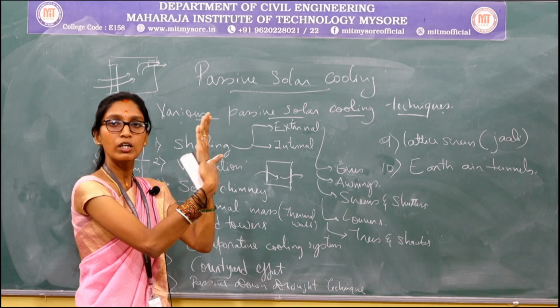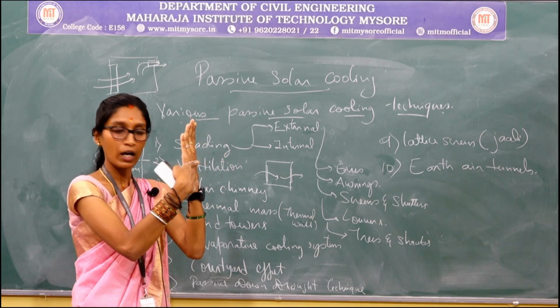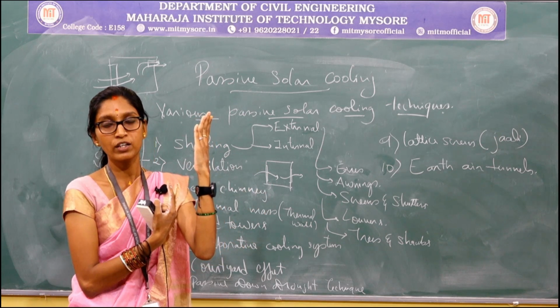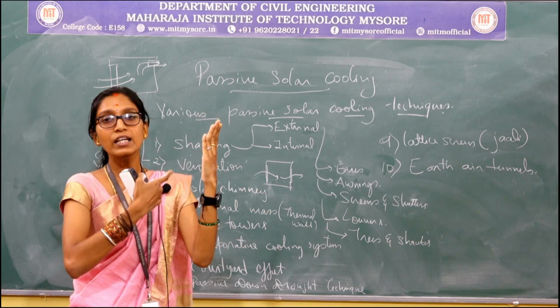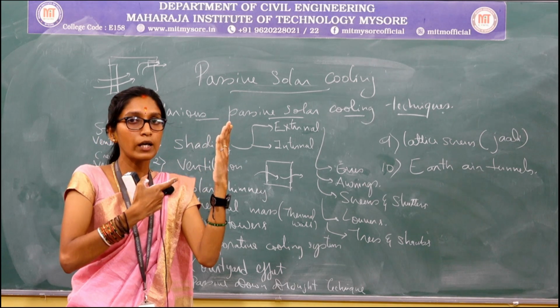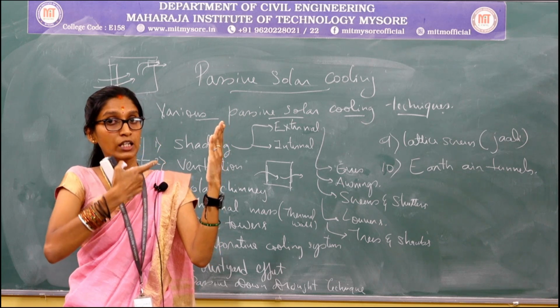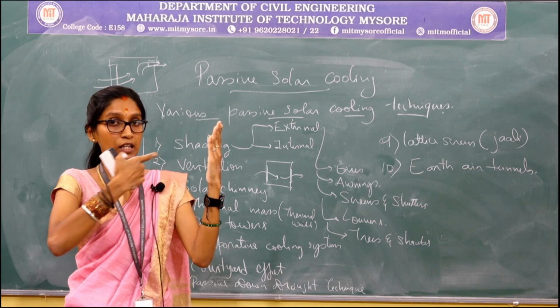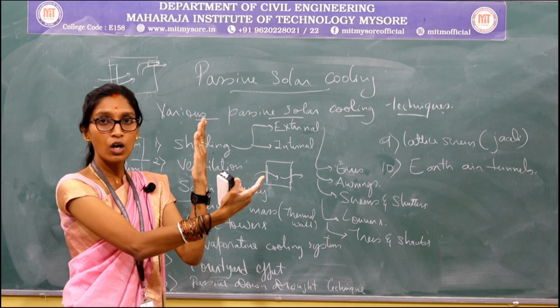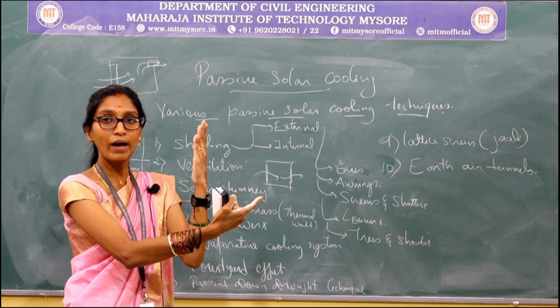So if a particular thermal wall has a greater radiation effect and a smaller conduction effect, obviously the interior is going to get heated up slowly. Okay, so by the time the heat reaches inside, the temperature outside would have gone down, and obviously what would have happened?